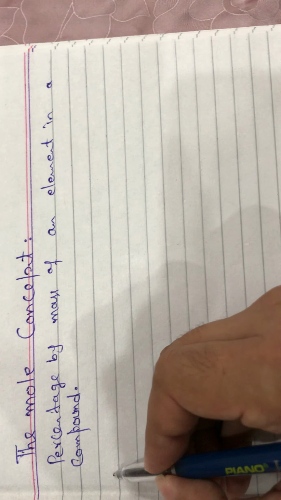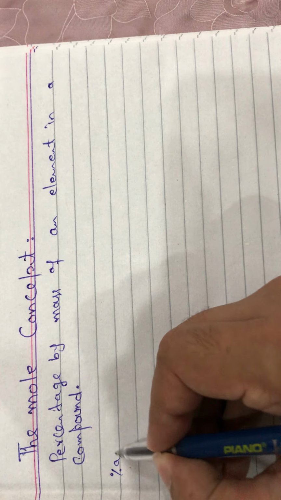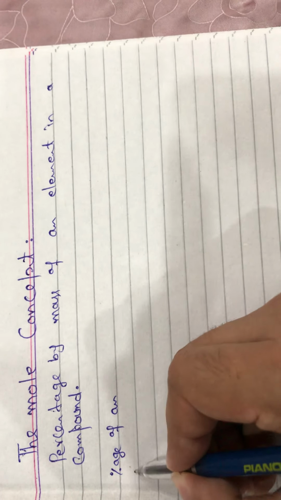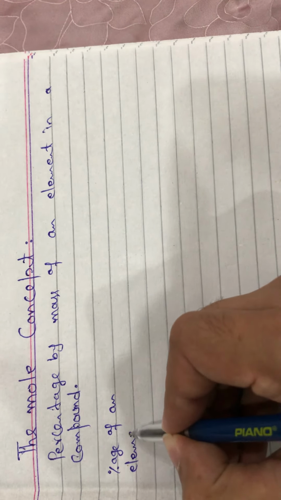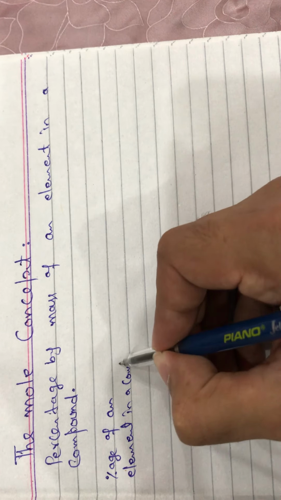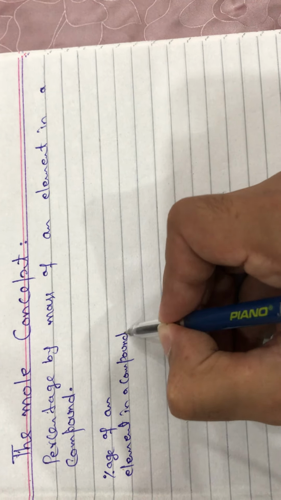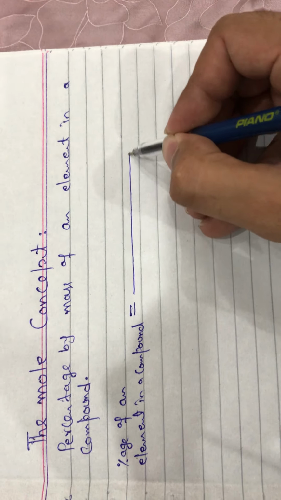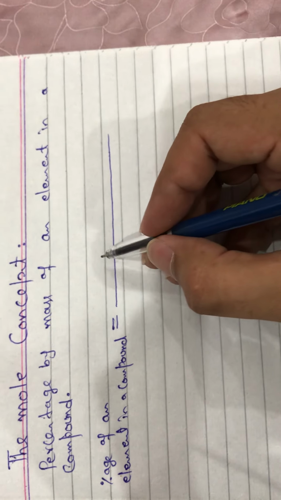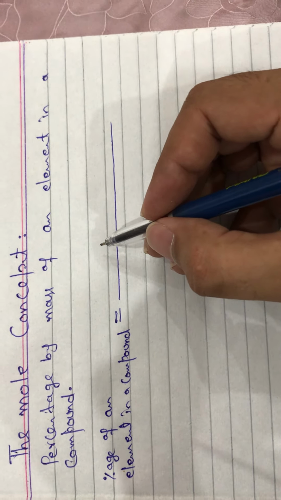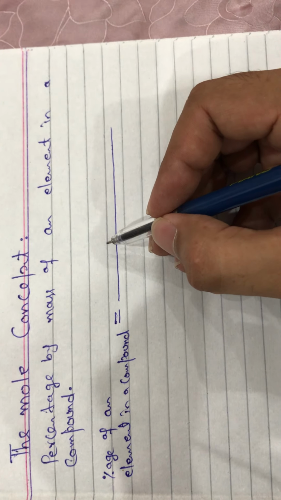For example, the percentage of an element in a compound would be equal to the ratio between the total mass of an element in a compound divided by the molecular mass of the compound.